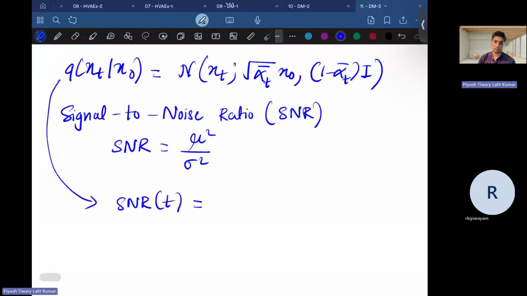So your mean coefficient rather is, so this is alpha t bar divided by your sigma square, which is 1 minus alpha t bar. Okay. And this is exactly what this function is.